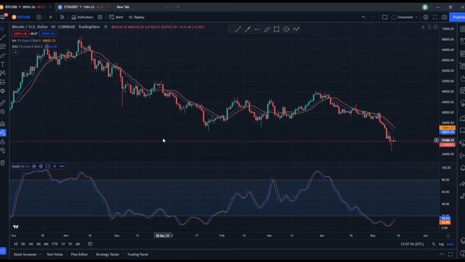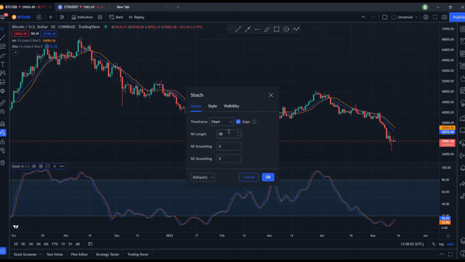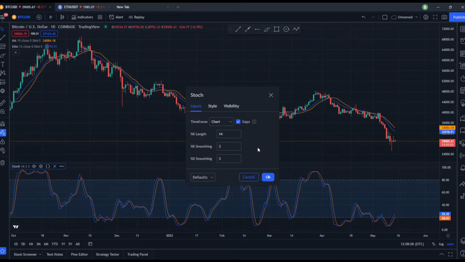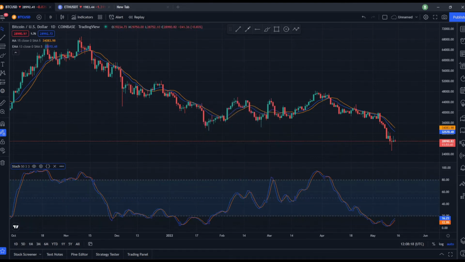You can compare this to when we have it at 14 in the market. You can see that we have lots more signals that are false. You can see it right here. I'll show you, but let me come back to show you that, so that I won't get you confused. Alright, so now we have an indicator right here.